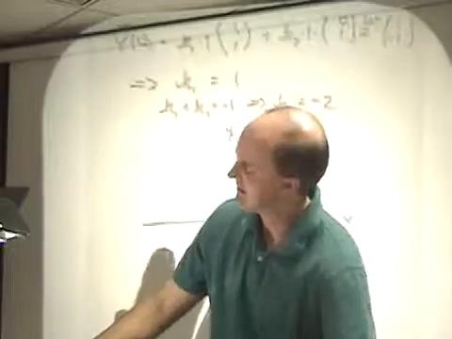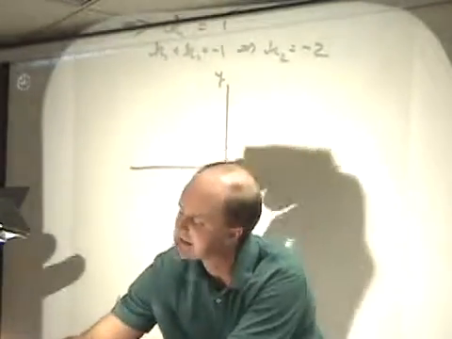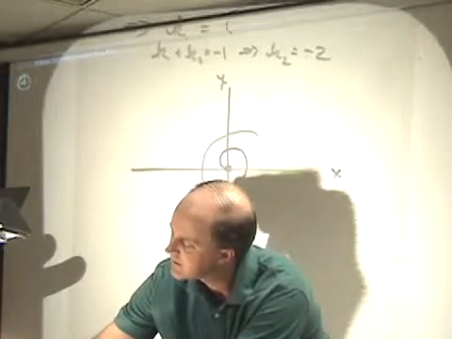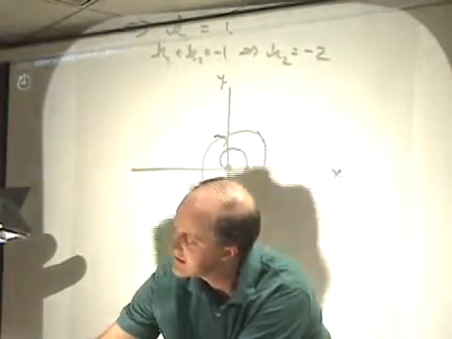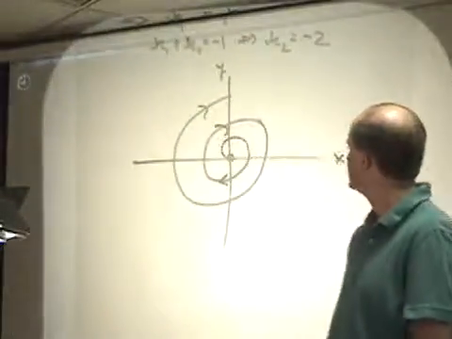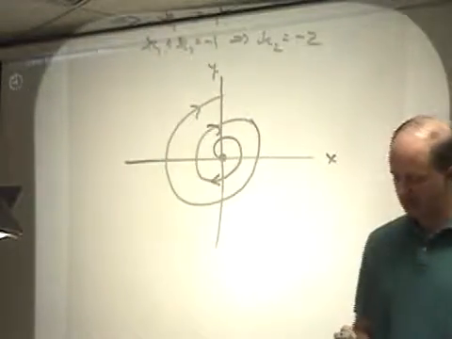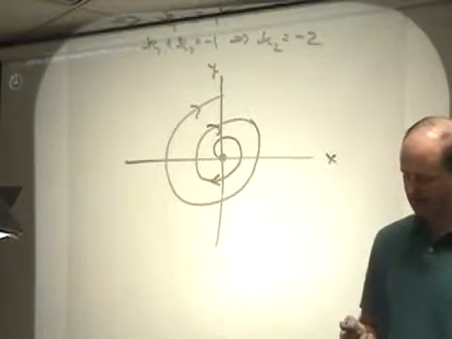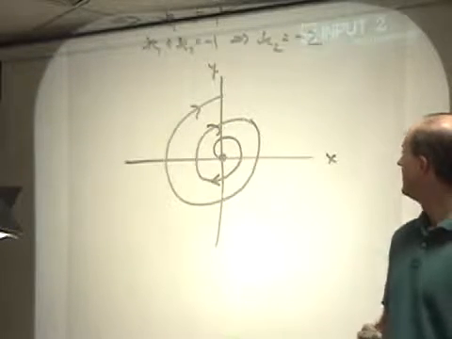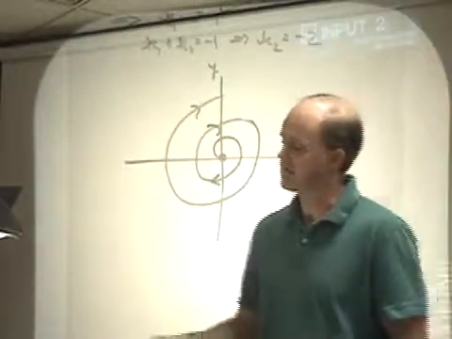That's going to mean that the solutions have to spiral clockwise in this case. So your generic picture for this kind of situation looks like this. You don't have to get the exact shape right. Just get the right kind of spiraling outward and the fact that it's clockwise in this case instead of counterclockwise. And that'll be good enough for the phase plane.